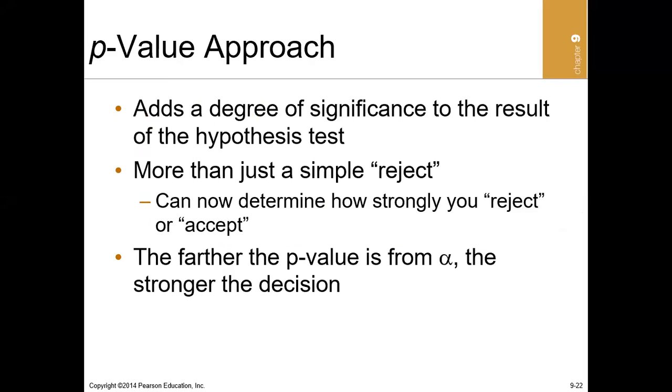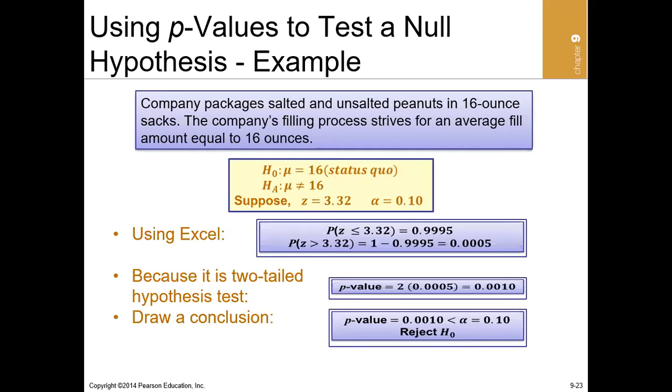It adds a degree of significance to the results of the hypothesis test. It is more than a simple reject and accept. The farther the p-value from the alpha or the significance level, the stronger the decision. Now let's test this null hypothesis using the p-value approach.